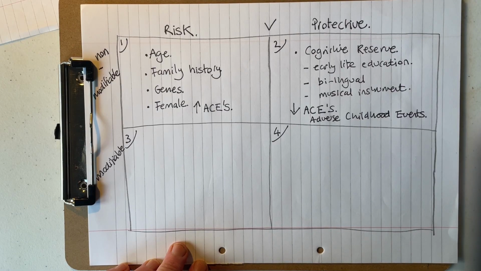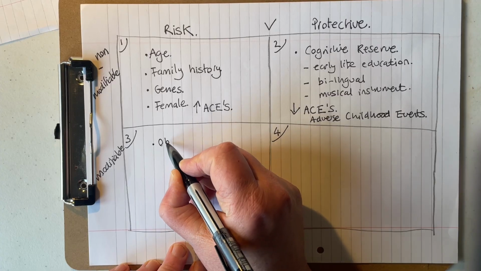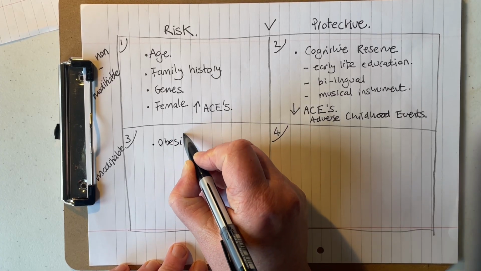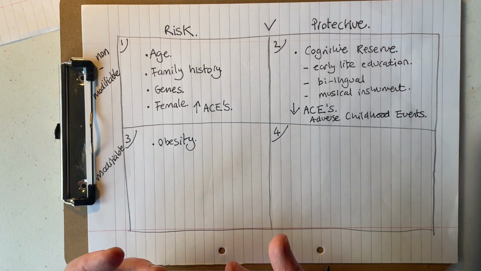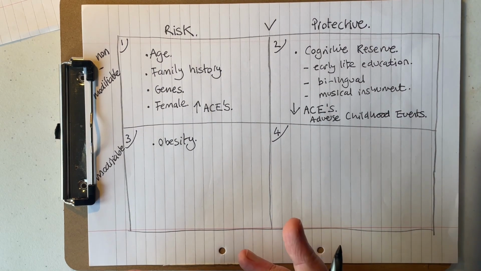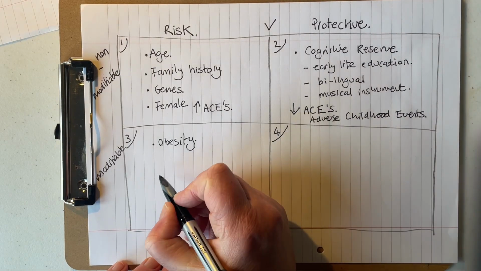Okay, so the first one I have is obesity. And these will be familiar really, because they're risk factors for other types of diseases too.